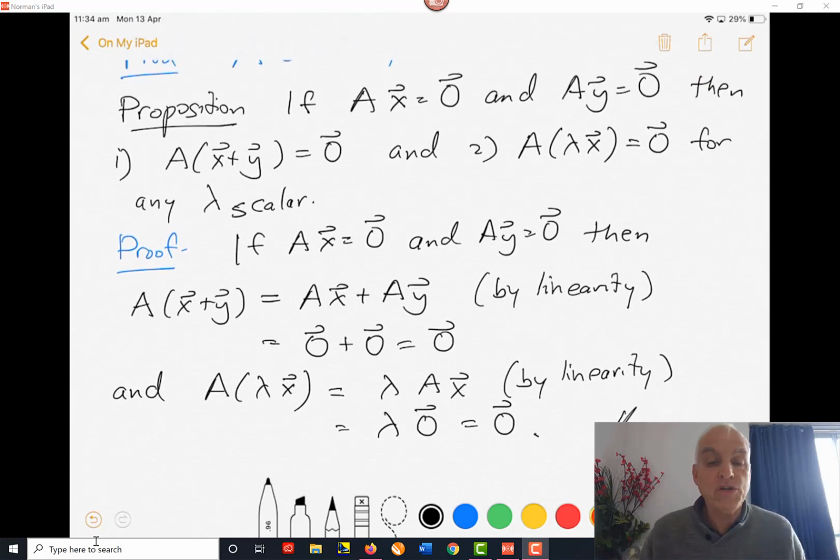That means that homogeneous equations have the property that solutions are preserved under addition and under scalar multiplication.